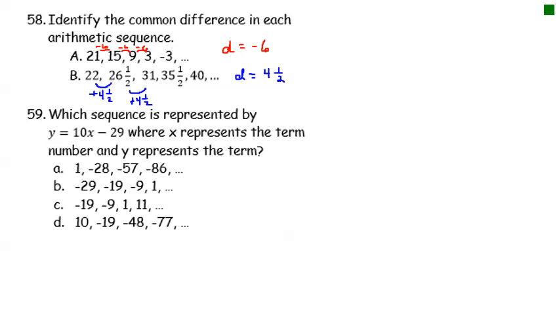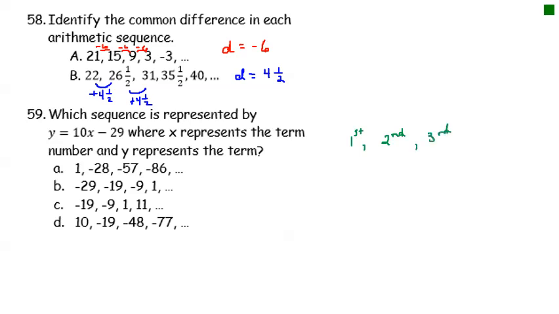All right, 59. 59 says, which sequence is represented by y equals 10x minus 29, where x represents the term number? So that just means the term number is like your first term, your second term. All right, so right here I'm going to make a chart. First, second, third.